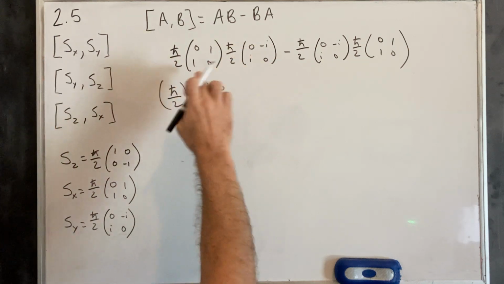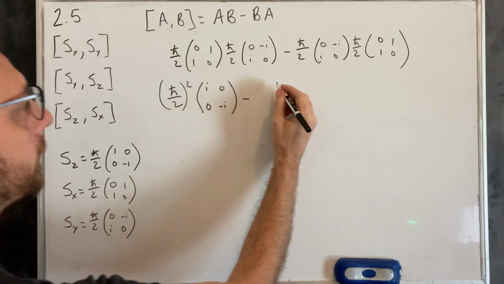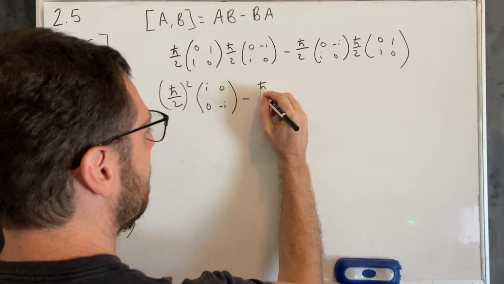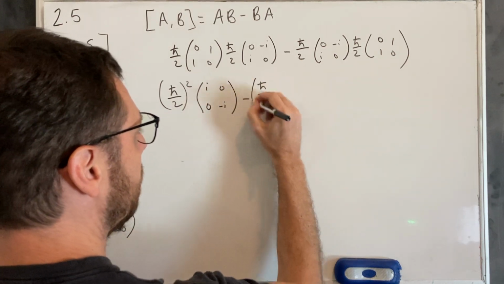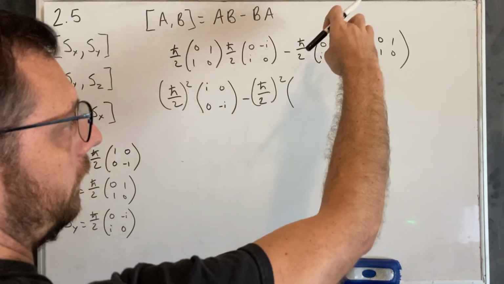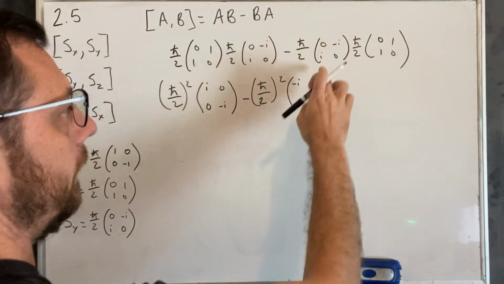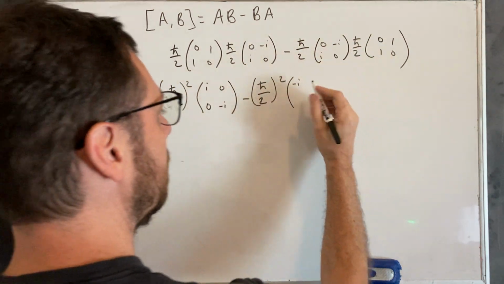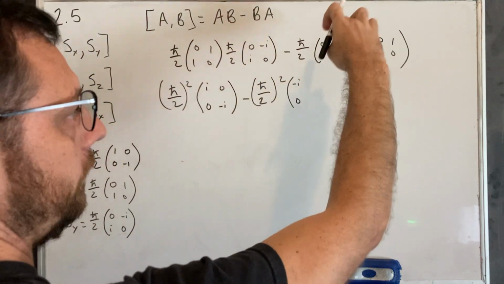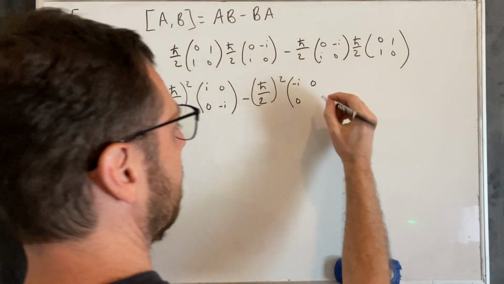And we have negative i plus 0, negative i. All right, then minus. Again, we'll combine these h bar over 2's. We have 0 plus negative i. There is 0 plus 0, 0 plus 0, and i plus 0.